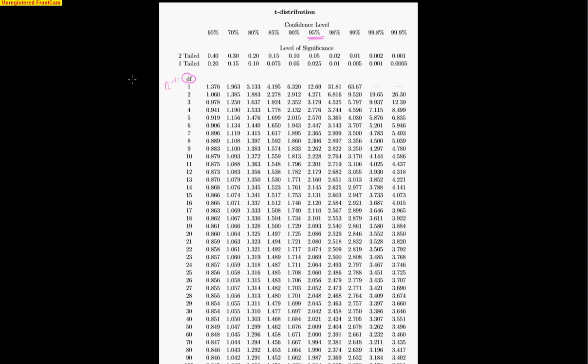You can write that right on your paper. We had n equal 12, so we're going to go here to 11. Here's 11, and we follow it over to our 95% confidence, and it's 2.201.